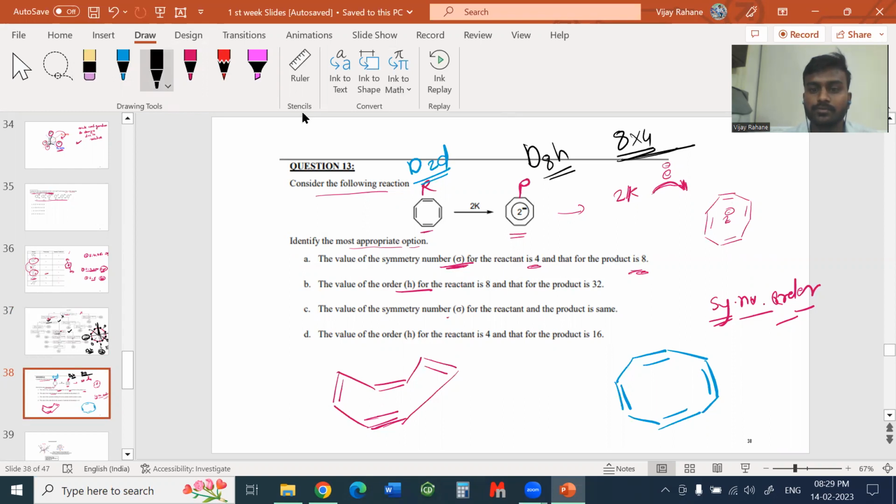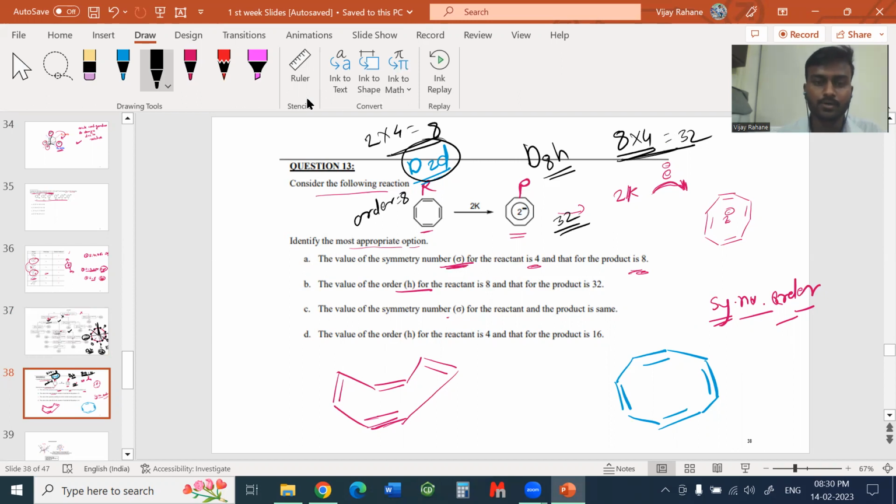So the order is 32. And in the case of the D2d point group, since n is equal to 2, 2 multiplied by 4 gives order equal to 8. So for the reactant the order is 8, for the product the order is 32.